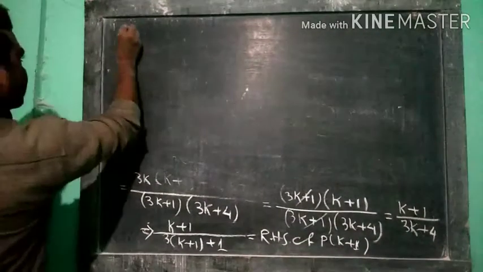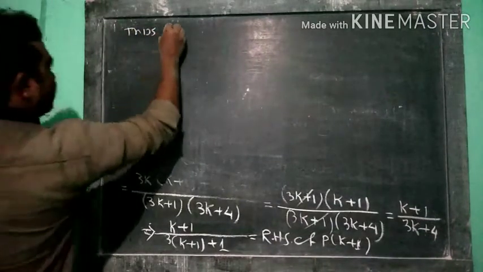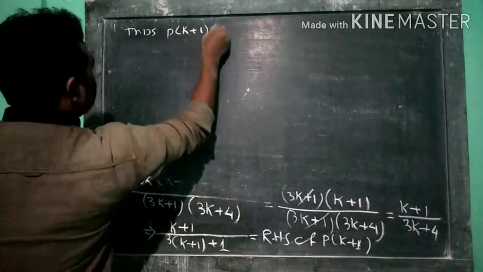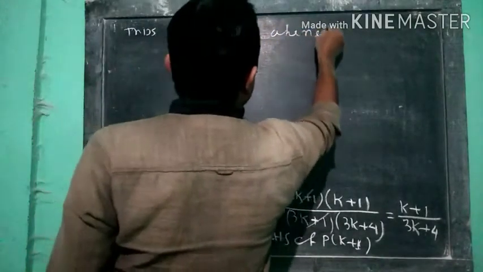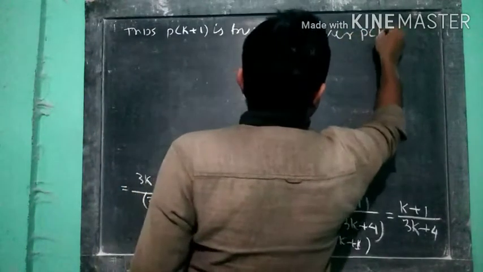Thus p of k plus 1 is true whenever p of k is true.